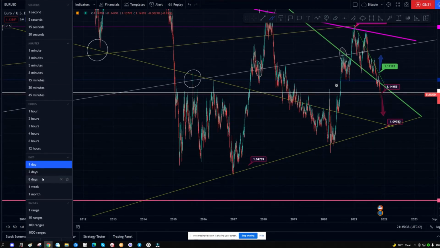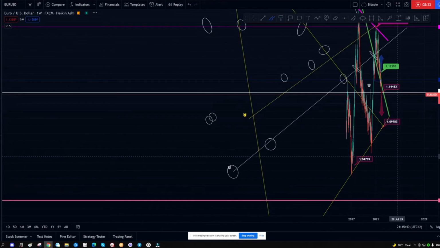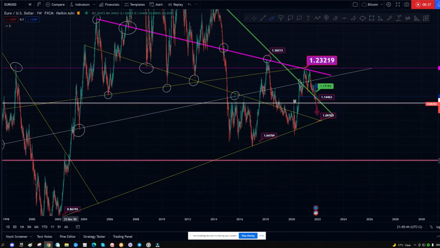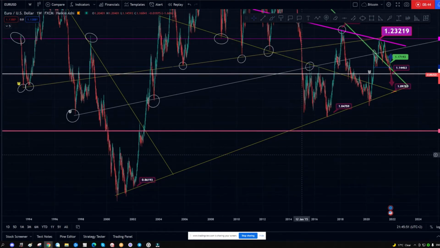I'm going to have to zoom out again and go to the weekly chart. There we go. The last time was over here in 2002. Given that I was in America until 2001, it was bad for me, excuse me, that the Euro USD was so low when I was studying and I had to convert euros.